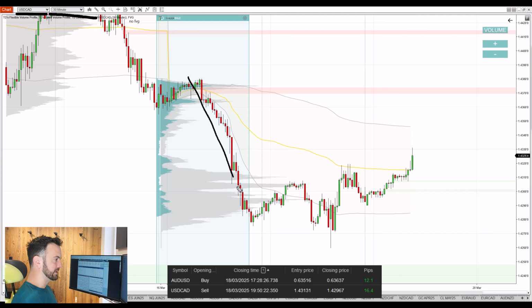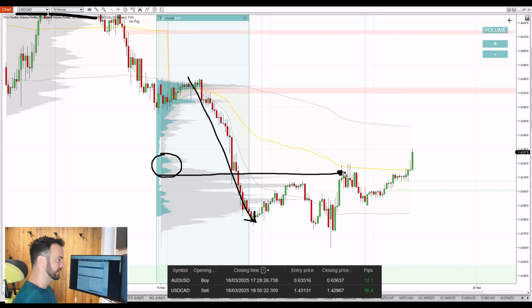And if you look into this strong selling activity, there was this significant volume cluster within the selling activity, right? And very similarly as on the Australian dollar US dollar, this volume cluster represents a place where sellers were active, adding to their short positions. My short level was in here.